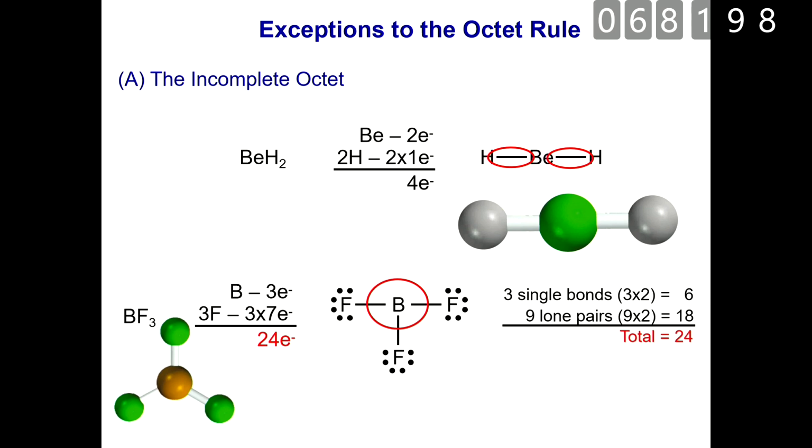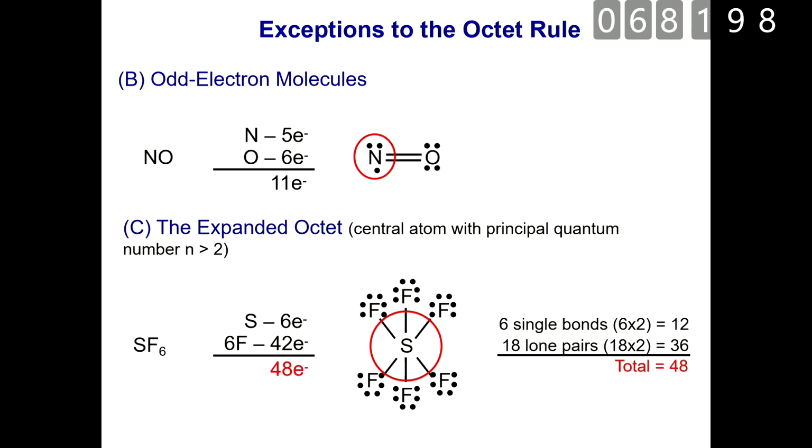And in this case, how many electrons? 6. Yeah, only 6. So this is called incomplete octet. But we know this compound is also stable. So this means there are some exceptions to the octet rule. This is the first type.